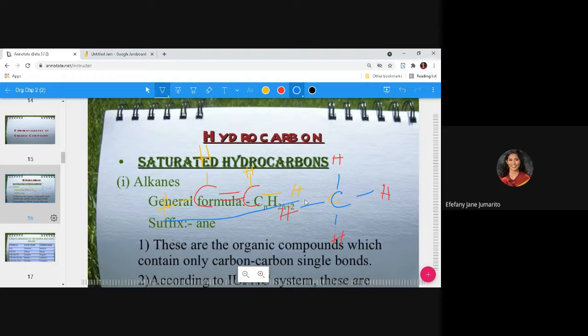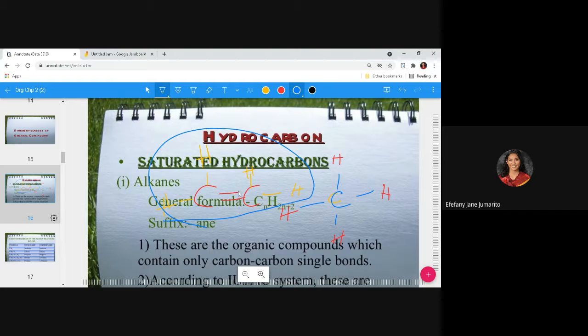This one, class, saturated or unsaturated? Unsaturated, ma'am. Okay, unsaturated because there should be seven hydrogens, but what happened is only 4 are left. Because other hydrogen atoms are converted into double bond or triple bond.